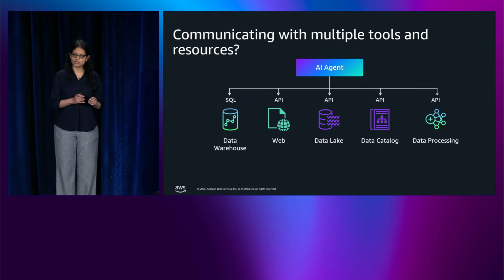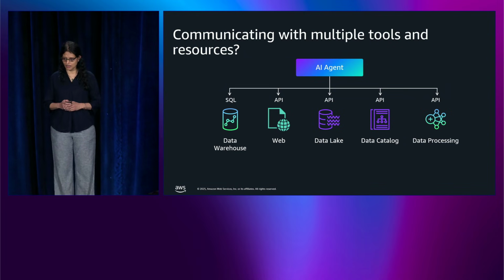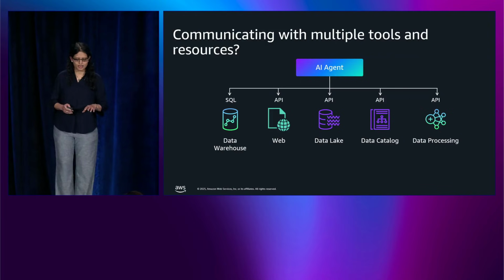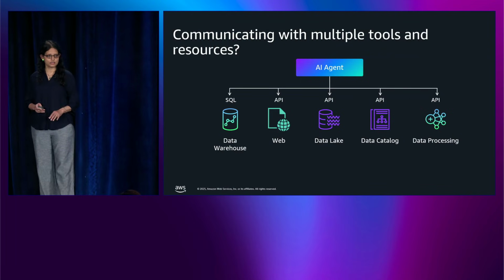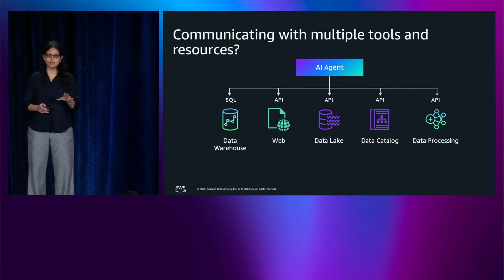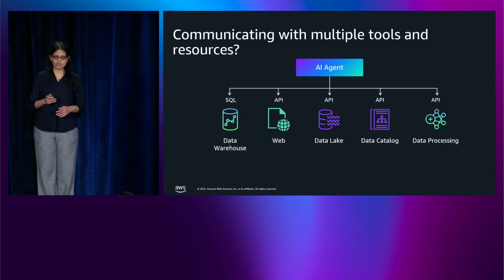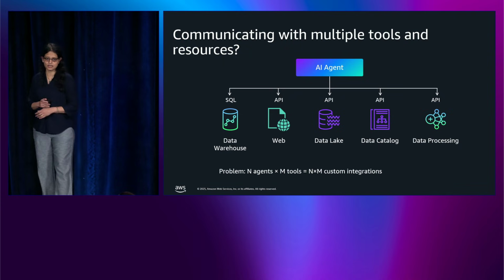Then they have to update the specification to adhere to the API. What if they need to add another tool or remove a tool? And this might be simple if you have one agent, but when you start creating n number of agents, think about the tight coupling and the integration problem, and this is all custom integration. This is an n times m custom integration problem.